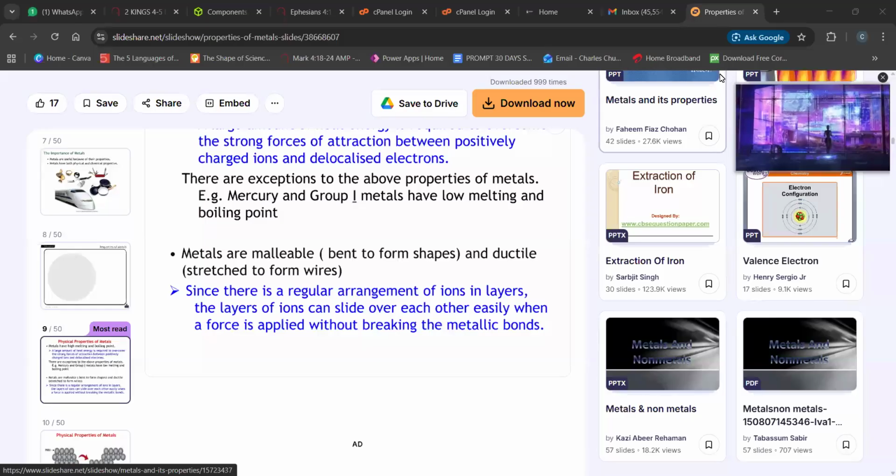We know that metals are good conductors of electricity, but some metals do that job better and are mostly used for commercial production. Generally, metals are malleable.